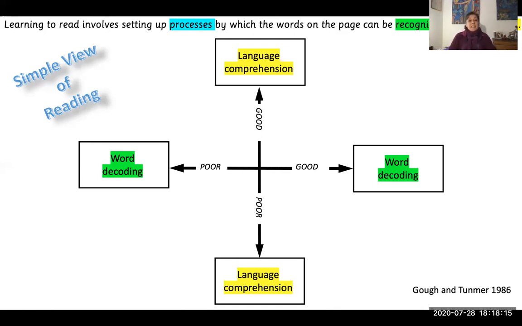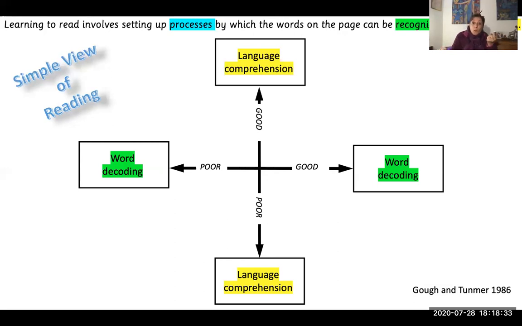Now, these two processes are 50% and 50%. If you understand, but you're not decoding, you're not picking the words from the page, you're not reading.